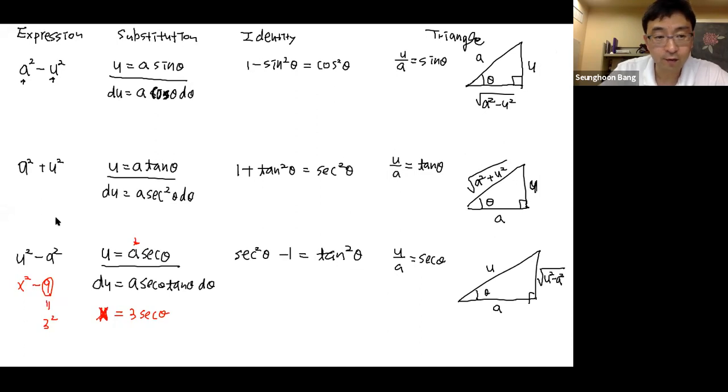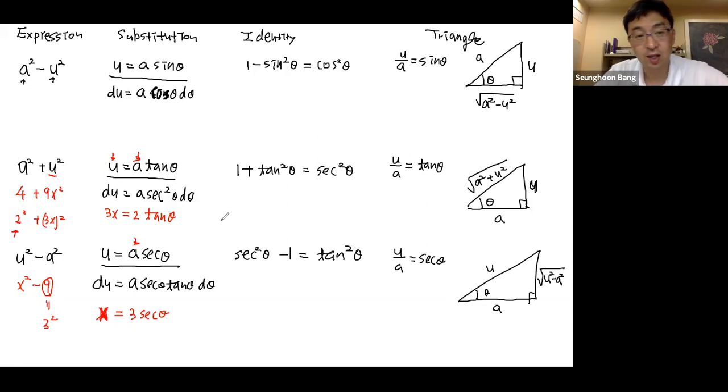So what kind of form do we have here? 9x squared plus 4. What's that? 4 plus 9x squared, the same as 2 squared plus (3x) squared. What does it mean? The u equals 3x. You can plug 3x into here. The 3x equals a times tangent theta, where a is 2. So we have it. This is the idea: 3x equals 2 times tangent theta.